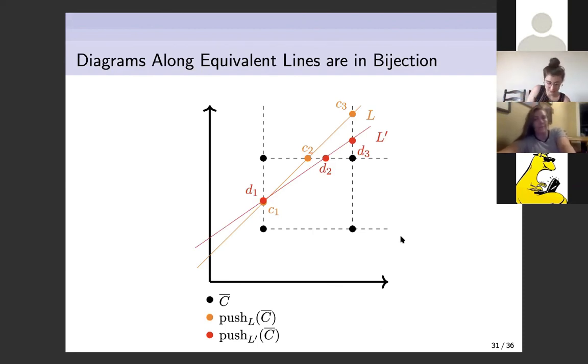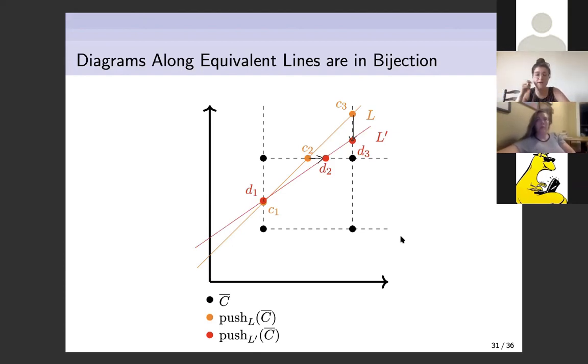And the bijection goes as follows. C2 will be sent to D2, C3 will be sent to D3, and C1 to D1.